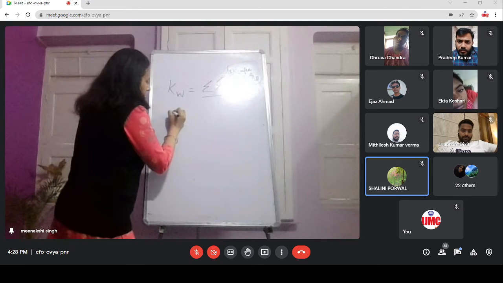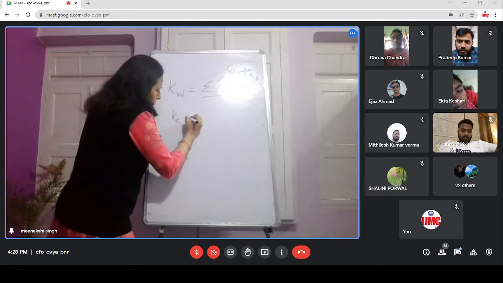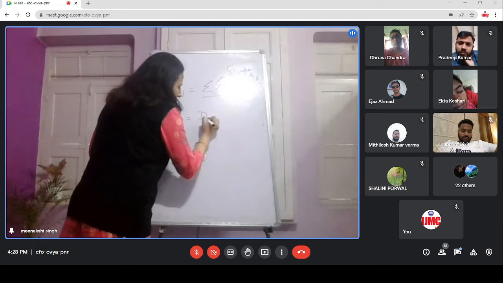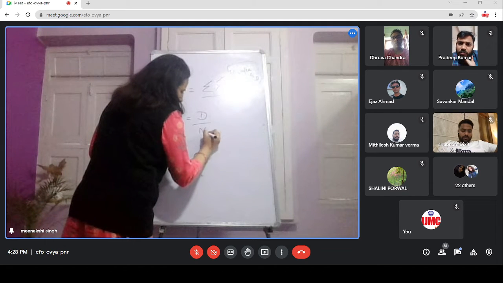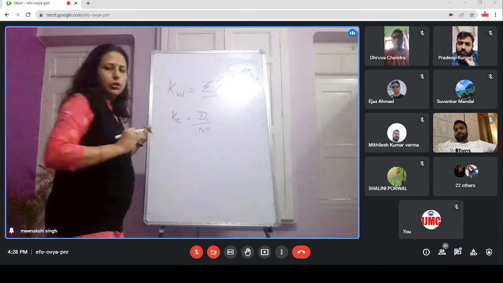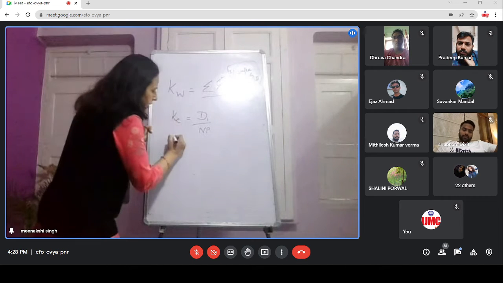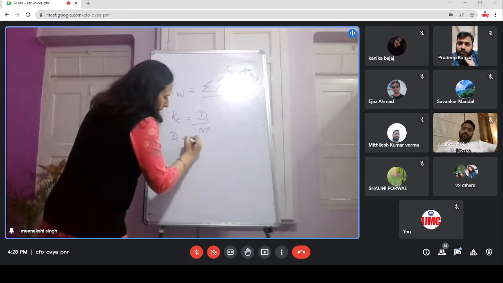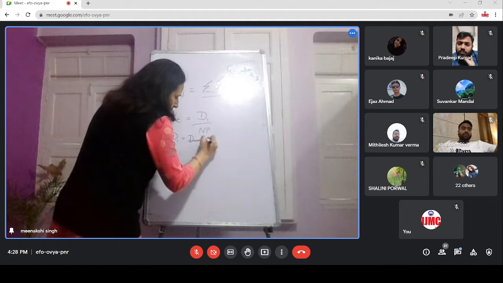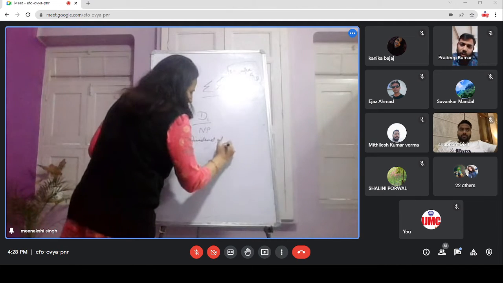Okay. Cost of equity when we are given dividend upon net proceeds. This was the formula where I have used the term D1. This D1 denotes the dividend after growth.